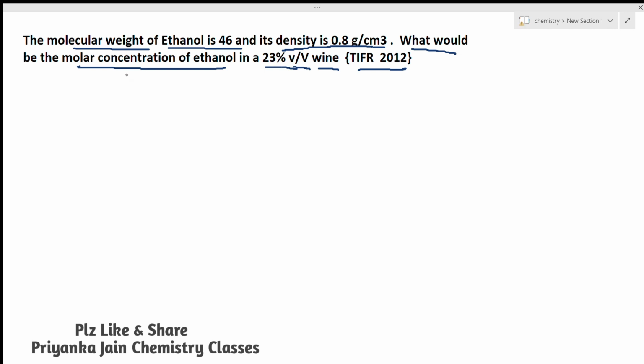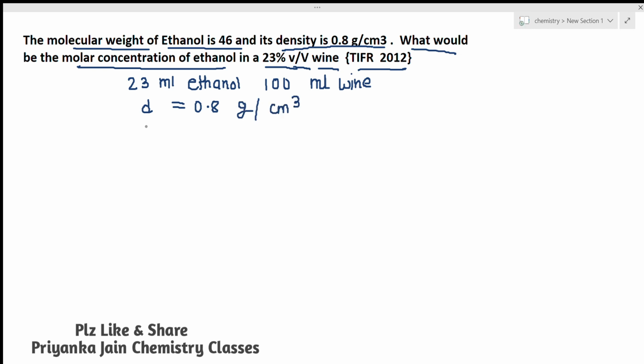It means we can say that 23 mls of ethanol are present in 100 mls of wine, right? And the next thing given is the density, that is 0.8 grams per centimeter cube. These two things are given to us.